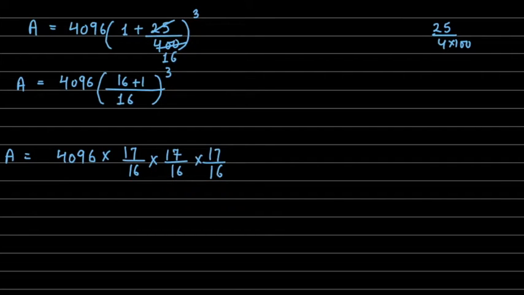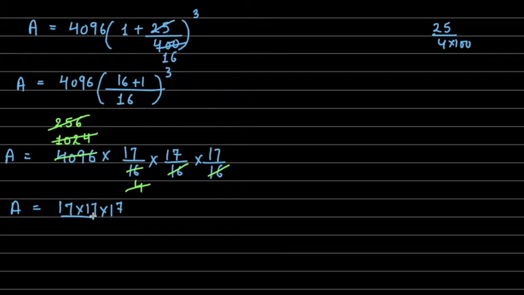Now let's see how we can simplify it. 4 4s are 16. 4 1s are 4, 0, 4 2s are 8 and 4 4s are 16. Correct? This is again divisible by 4. 4 2s are 8, 4 5s are 20 and 4 6s are 24. Now 16 square is 256. It means 16 into 16 can be cancelled with 256. So now the amount is 17 into 17 into 17.